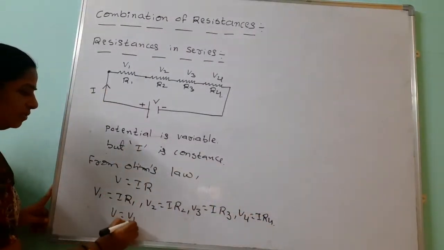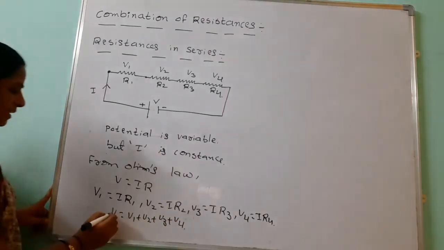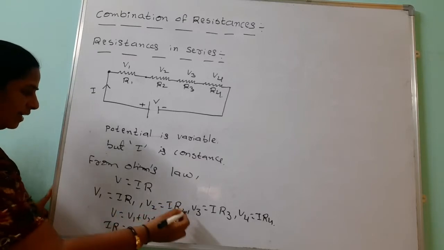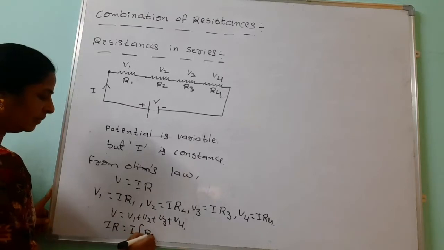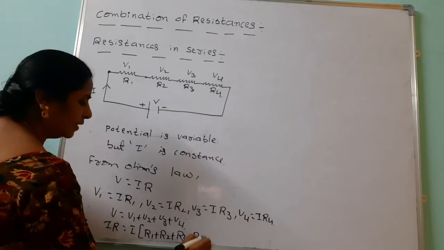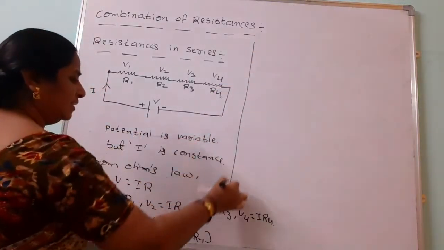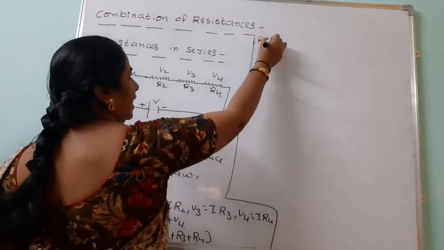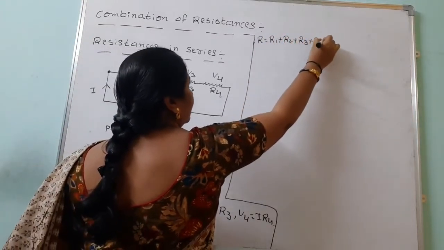Then V equals V1 plus V2 plus V3 plus V4. Instead of V we write IR, and instead of V1, V2, V3, V4 we write IR1, IR2, IR3, IR4. So we take I common: I times R1 plus R2 plus R3 plus R4. Here I and I cancel. The equivalent resistance in this combination is R equals R1 plus R2 plus R3 plus R4.